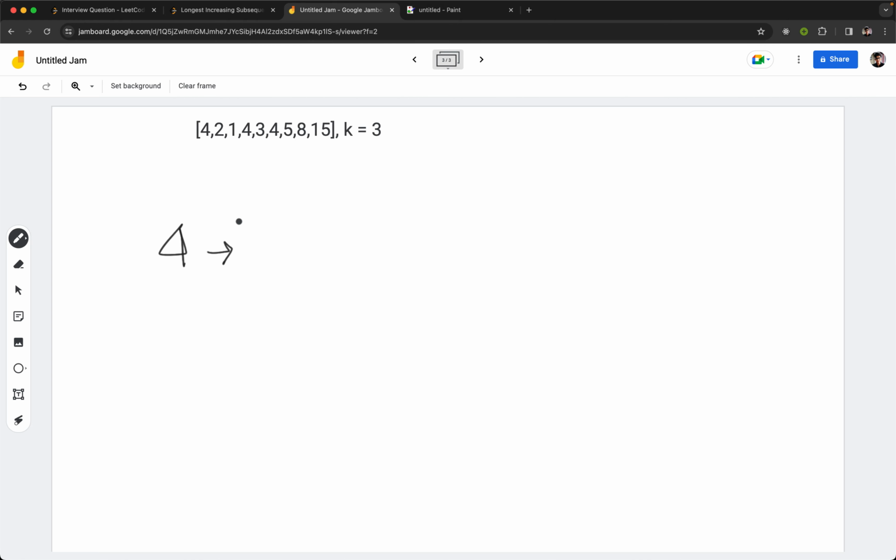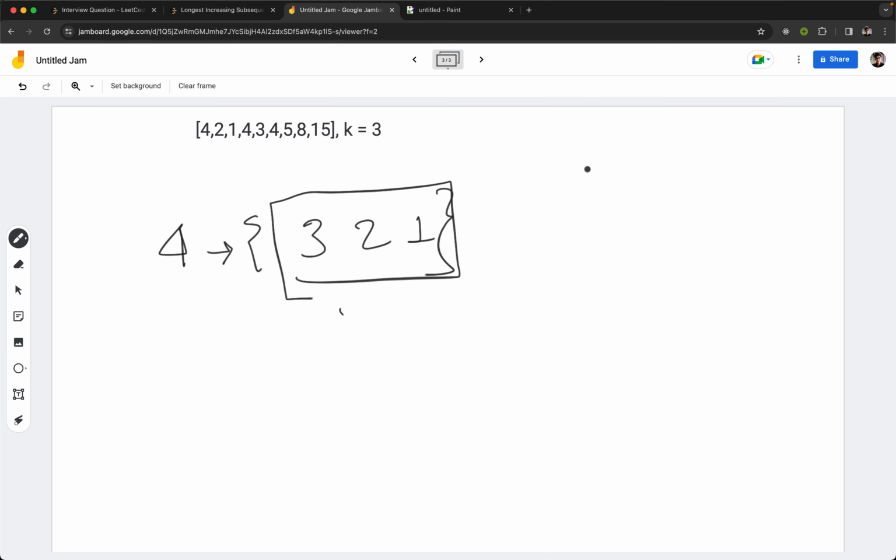Now in 4 we were finding 3, 2 and 1. Got it? Now how can we find this 3, 2 and 1 in this array? One obvious approach is to have a map which would contain the maximum length with 3, the maximum length with 2, the maximum length with 1, right?